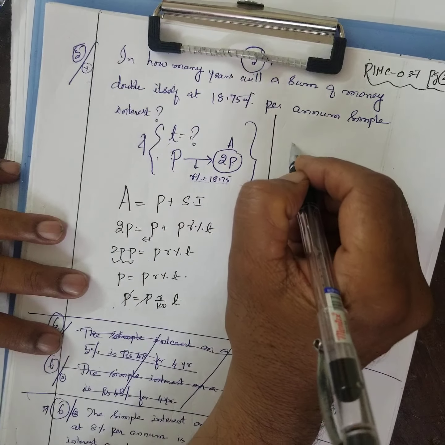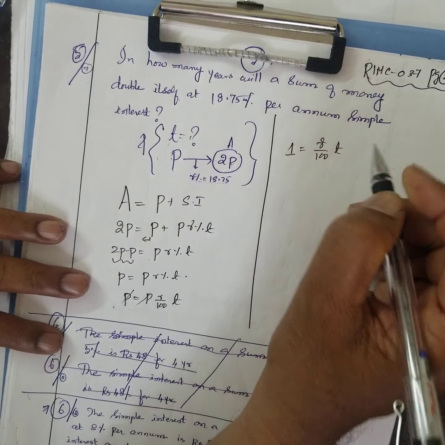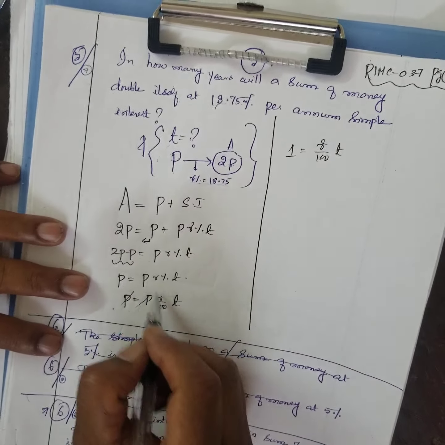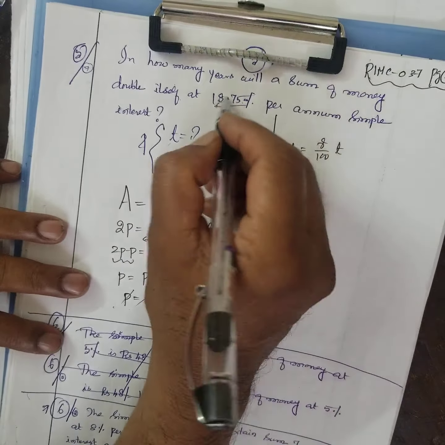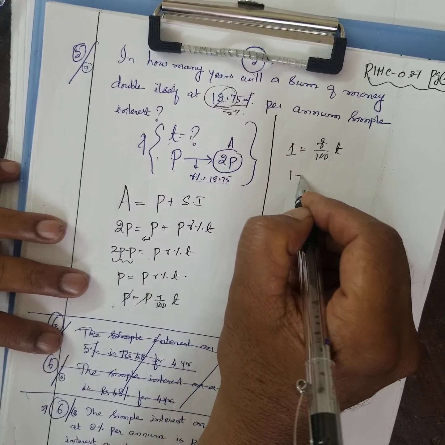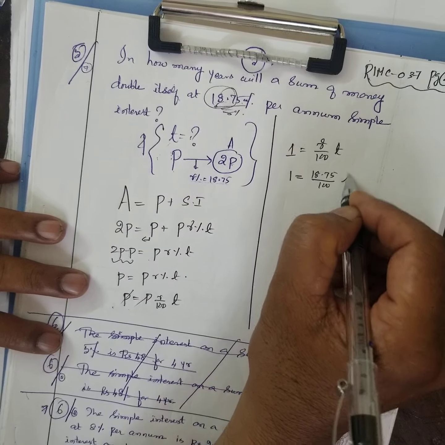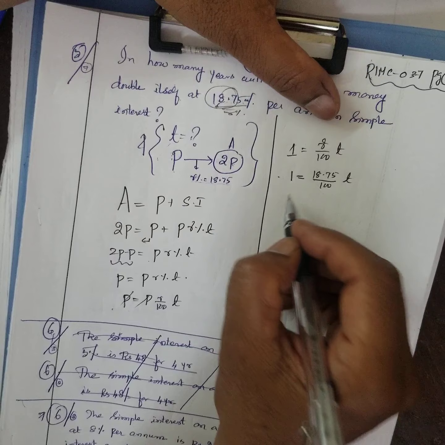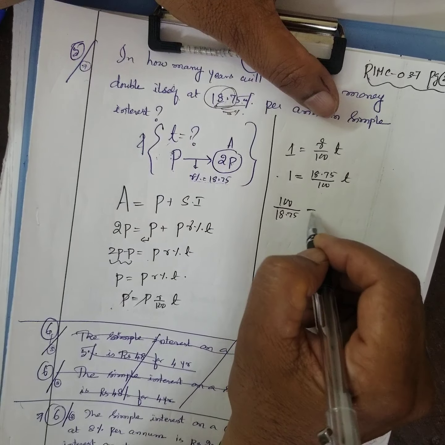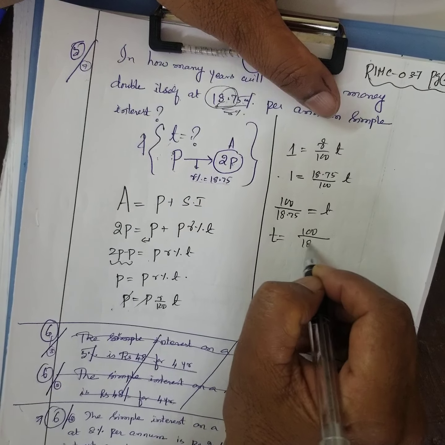Therefore 1 equal to 18.75 by 100 into T. Cross multiply: T should be 100 by 18.75.